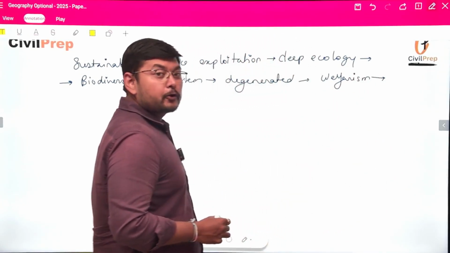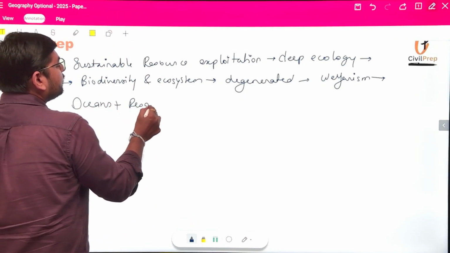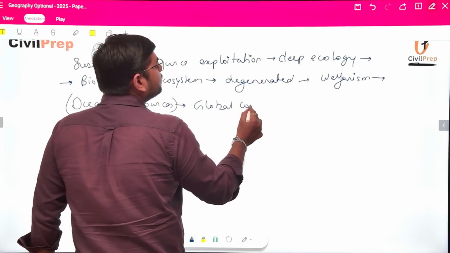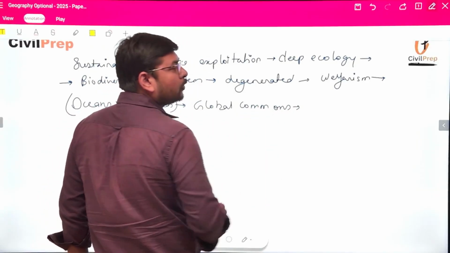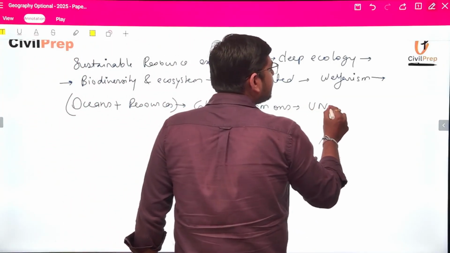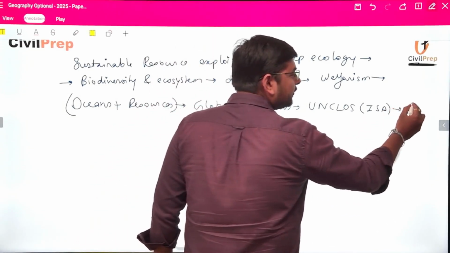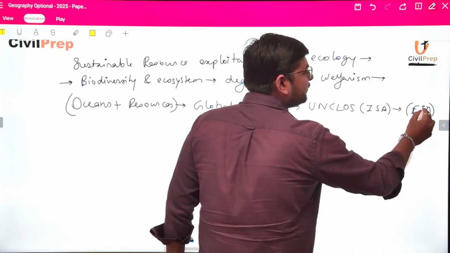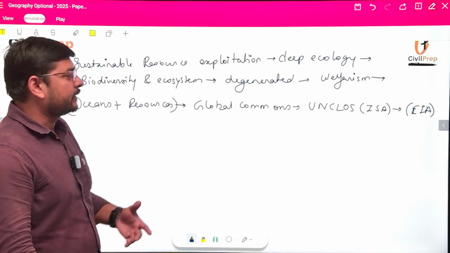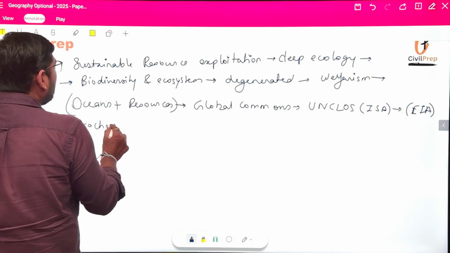And this will be taken from a broader view, from the perspective of welfareism. We also see that the oceans and the ocean resources are basically global commons. If they are global commons, they have to be seen as global commons, and overseen by UNCLOS, under it the International Seabed Authority, which will look at it with the environmental impact assessment procedure, making the resources available for human beings, because they are important, but making their extraction more sustainable.